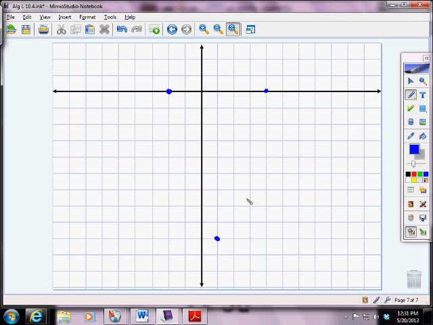And now we can always add more points in, making an input-output table, but if I just wanted a rough sketch, and it will be rough, because I'm not very good at this. So there is a very rough sketch of our parabola.